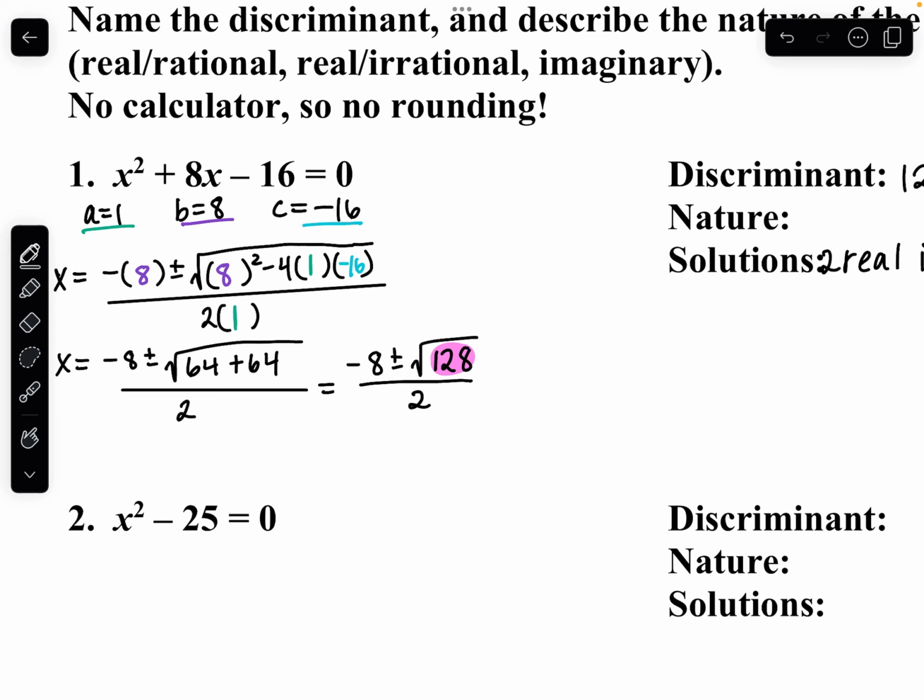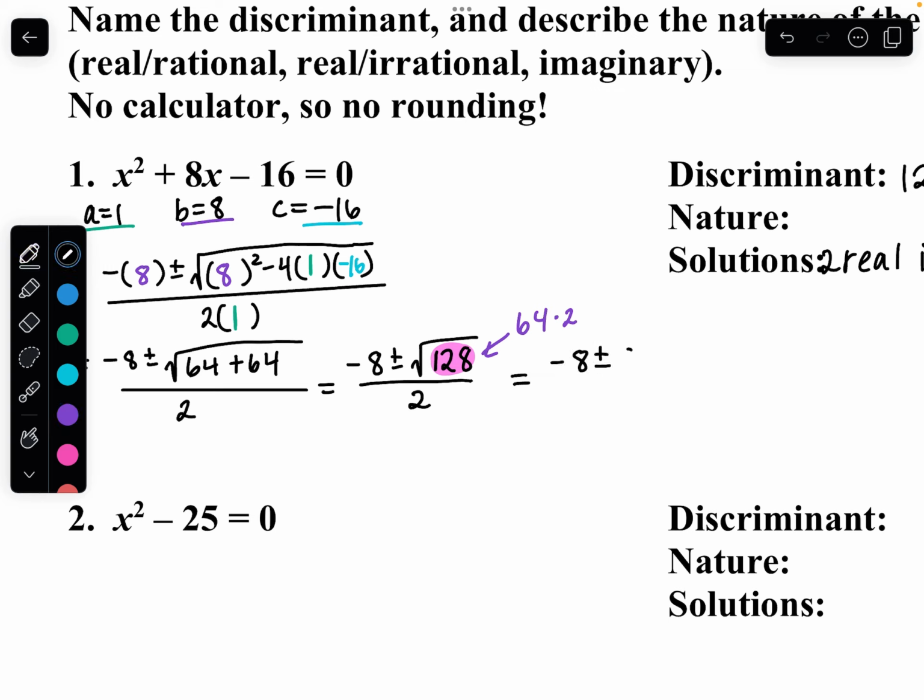Okay, and so if we keep going, we can find out what they are. And so 128, we can rewrite that as 64 times 2. And so that means we can take an 8 outside of the radical and leave a 2 behind. And then remember that square root of 2 cannot interact with any other number.